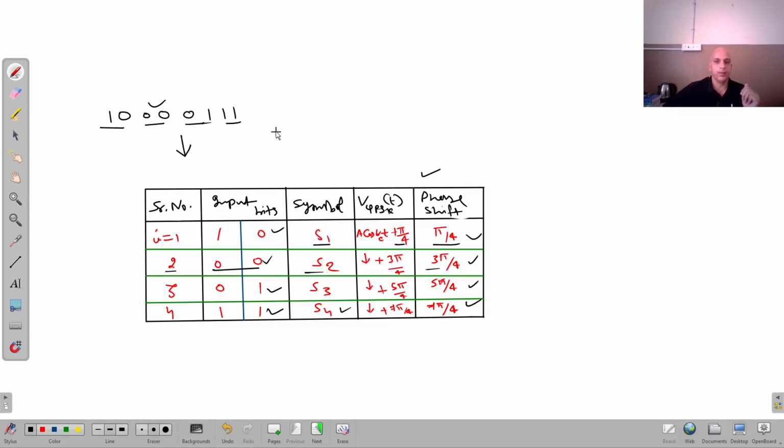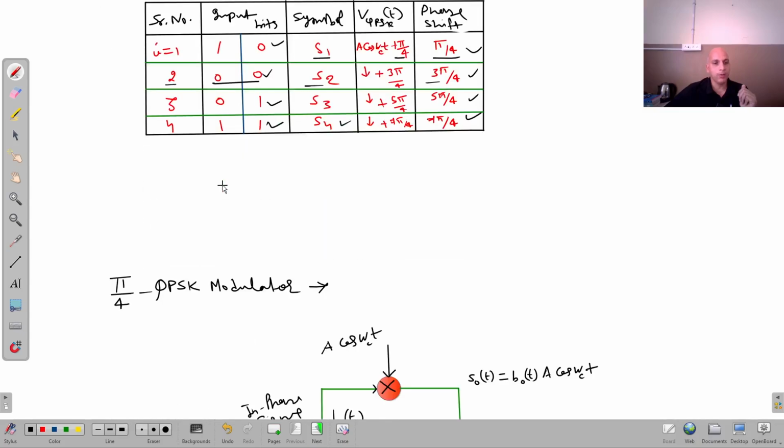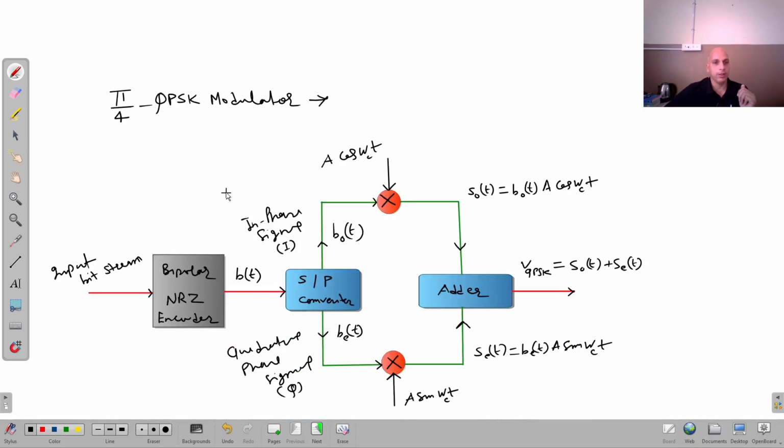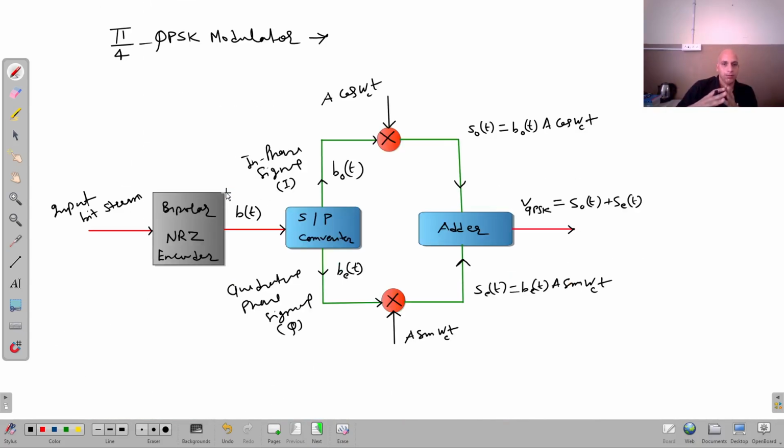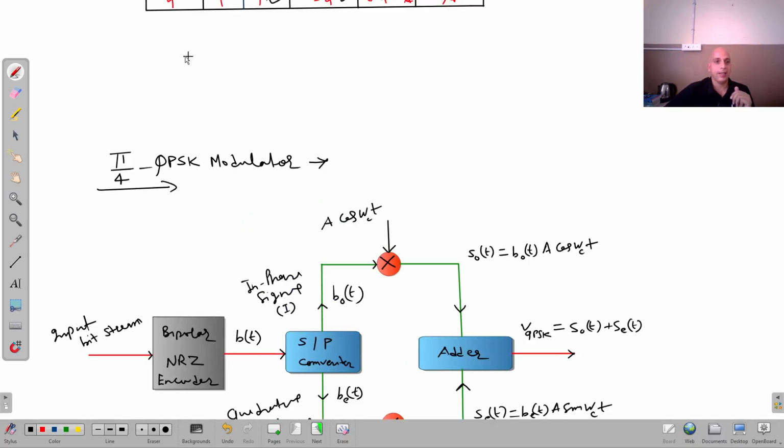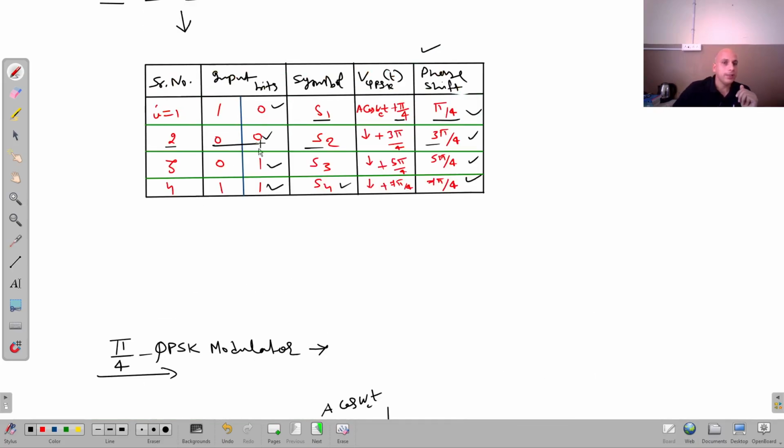So now I'm going to show you the actual diagram, explaining the working of pi by 4 QPSK modulator. One thing that I tell you, that how I can generate this pi by 4 QPSK.